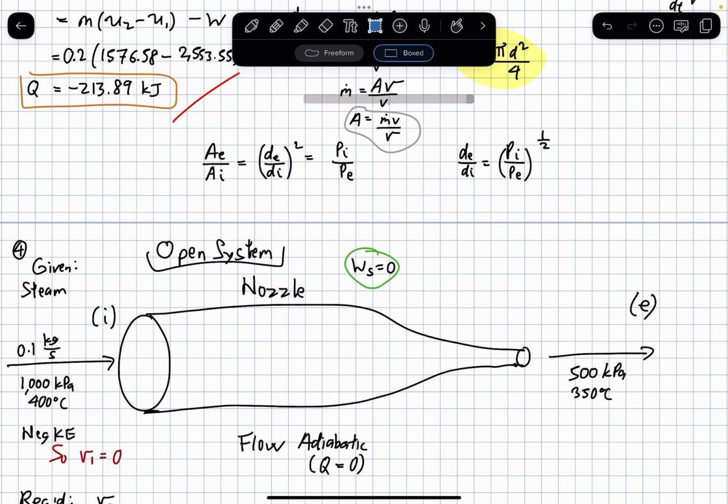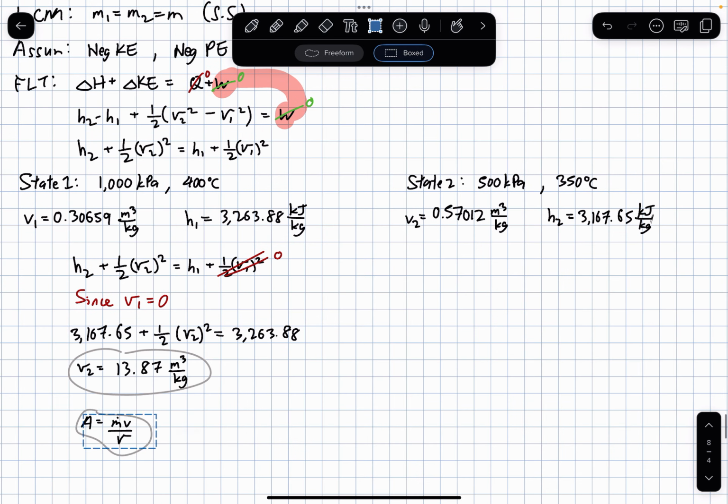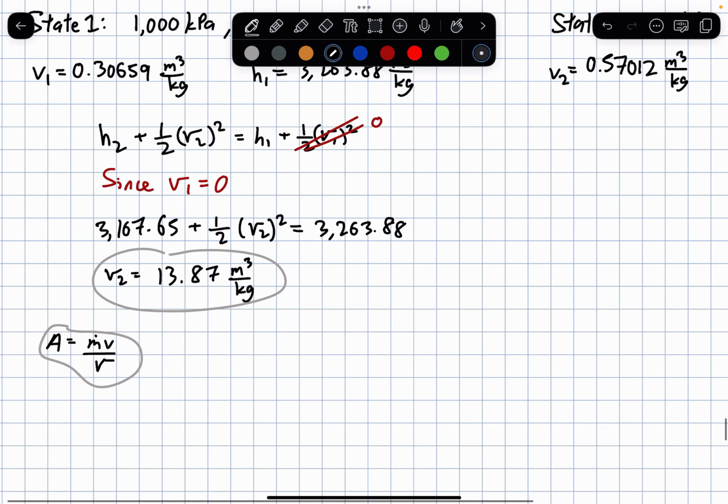Let's bring out this formula. Wait, I got it wrong again. Three, two, six, three.